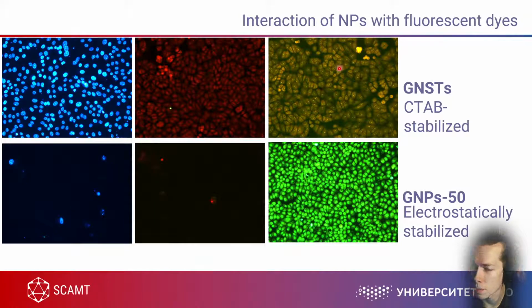Why does this happen? Because the concentration of surfactant on the surface of these nanoparticles was so low that it was not enough to kill these cells, but was enough to damage the cell membrane in such a manner that an additional amount of fluorescent dye will stain everything, and even damage the nuclear membrane to stain some micronuclei and so on.